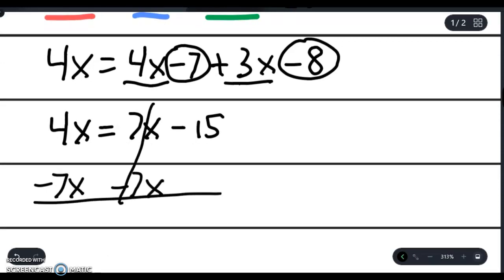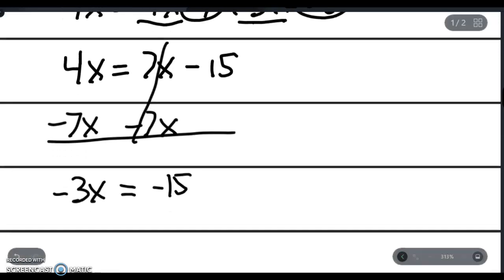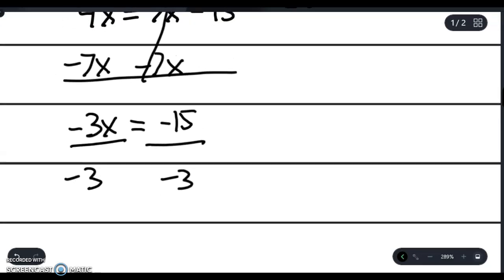The 7x cancels out, leaving me with negative 3x is equal to negative 15. I'm going to divide by negative 3, and x is equal to positive 5.